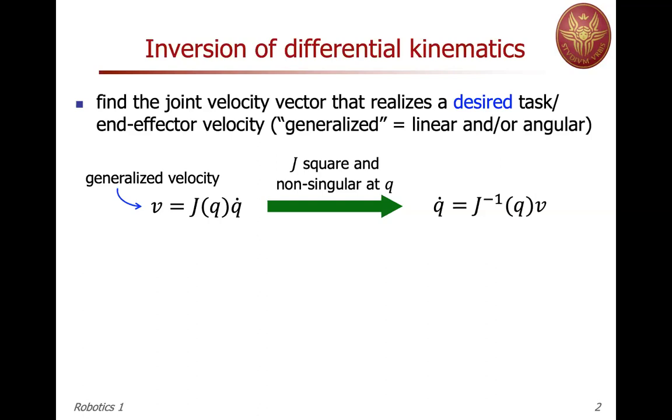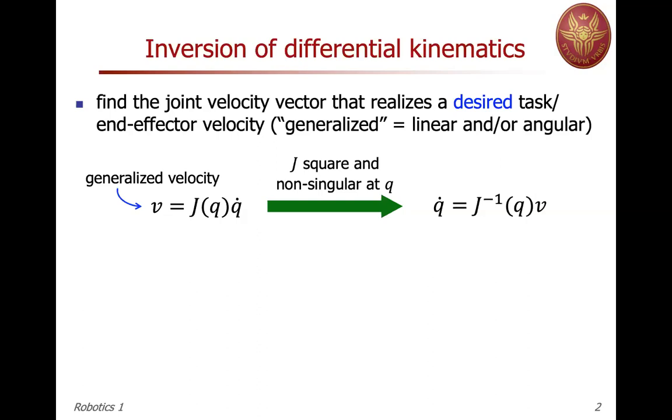Now, the desired velocity at the task level may change or may be the same, doesn't matter, but your configuration has changed, so the previously computed joint velocity is no longer the correct one to execute that Cartesian velocity. So you have to recompute the Jacobian, you have to invert this Jacobian numerically at the new configuration, and you have a new velocity, and you go along. This is a continuous process that has to be done in real time.